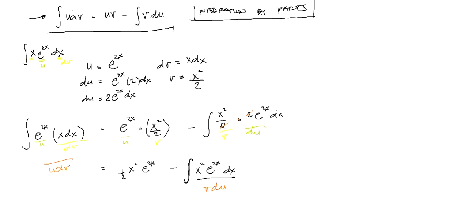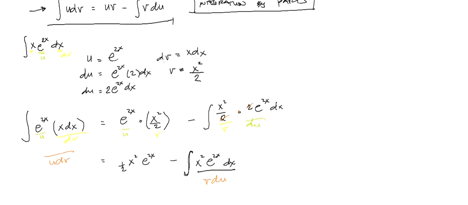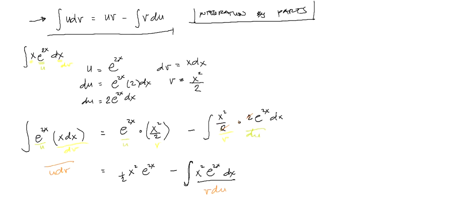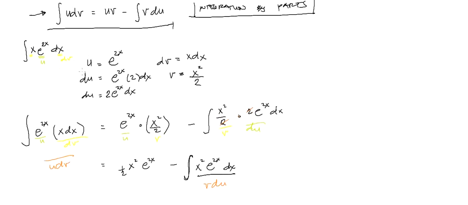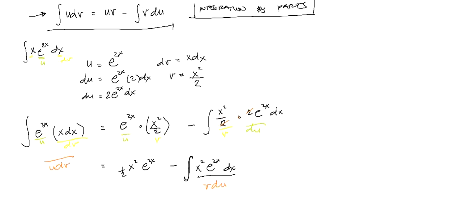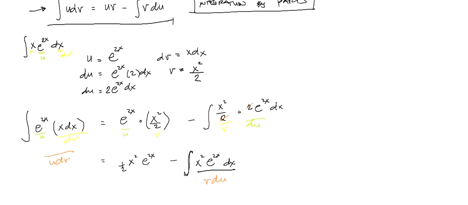Let's try another. Instead of e^(2x), let our u be equal to x, and then our dv is equal to, instead of x dx, e^(2x) dx.